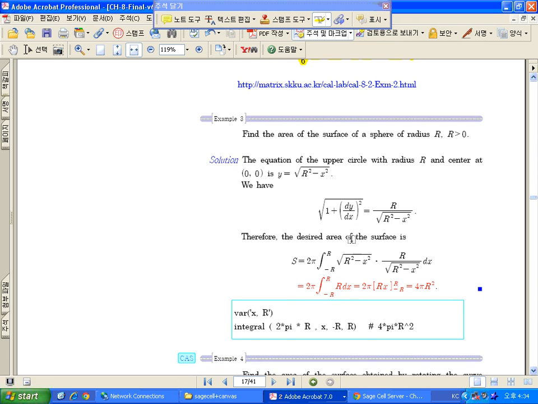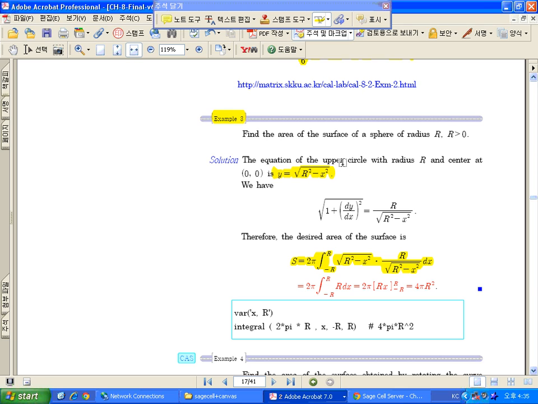Next, example 3. Find the area of the surface of the sphere of radius r, positive. Then we use the formula. In order to do so, we need the function y equals f of x or x equals g of y.